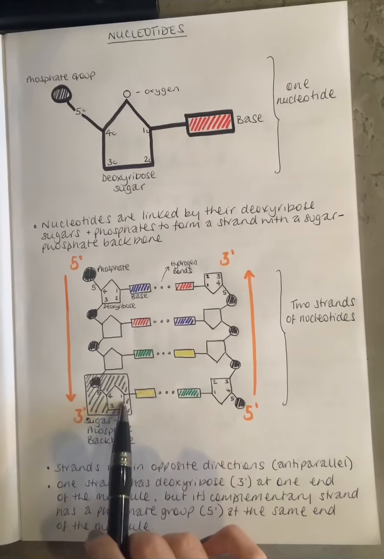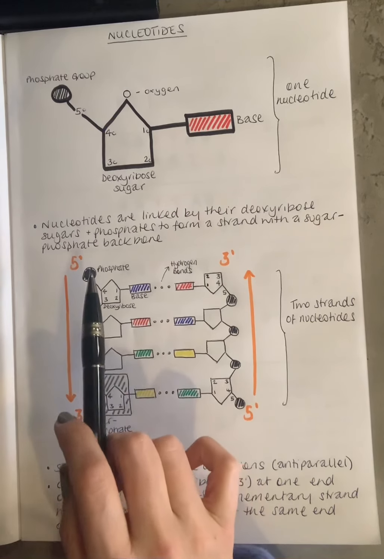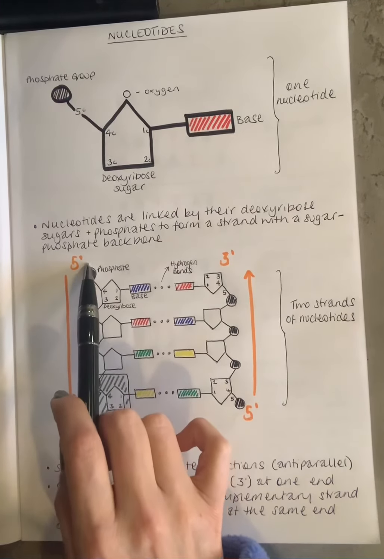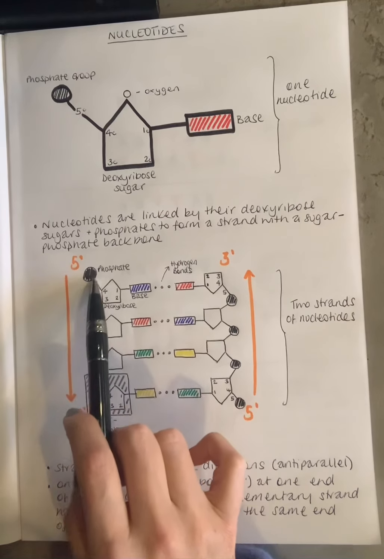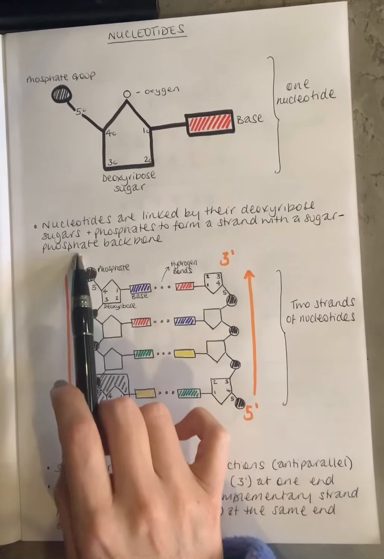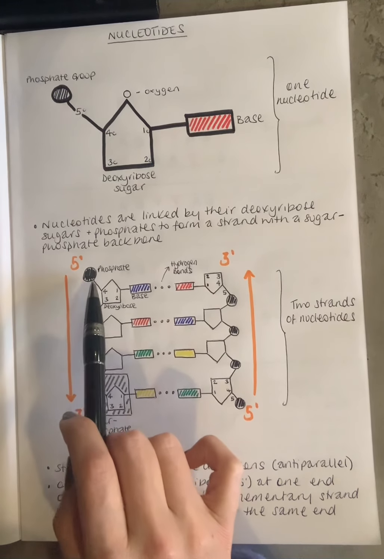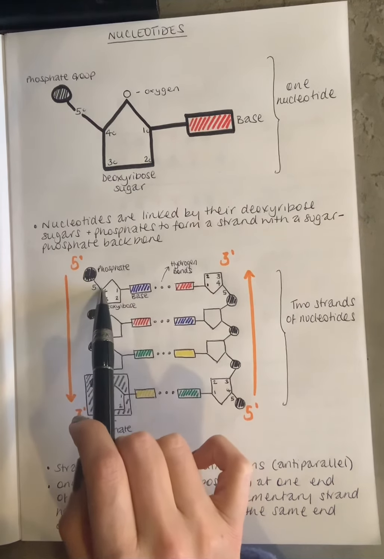i.e. the one nucleotide. So here is one strand, and as we can see, the very first at the top of the strand is a phosphate group sticking out. So this is our 5th carbon attached to the phosphate, so it's linking the deoxyribose to the phosphate group. So this is classed as our 5 end.